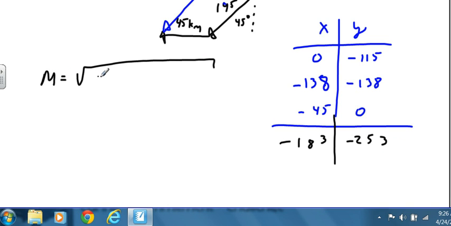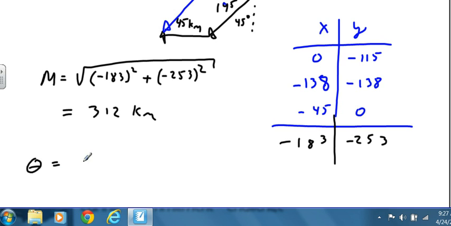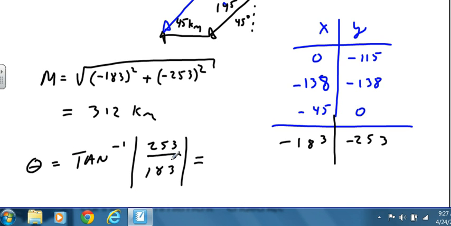I'm not going to put the negative sign in my calculator because I'm squaring it: square root of 183 squared plus 253 squared, and I get 312 kilometers. And then the angle I'm looking for is the arctangent of the absolute value of the y component divided by the other guy. Now this is a reference angle.